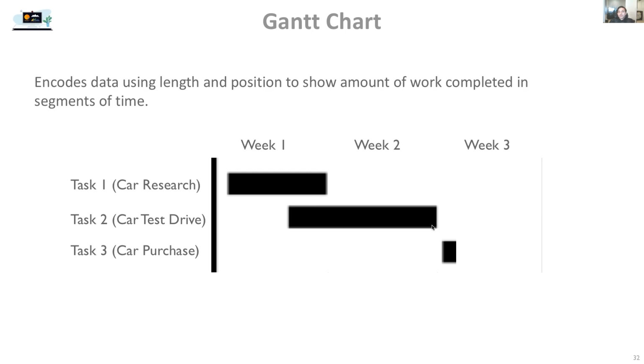Finally, we move forward with one seller and sign the paperwork to finalize the purchase. And we can put a vertical line through the Gantt chart to indicate the present time to see where we are with this project.